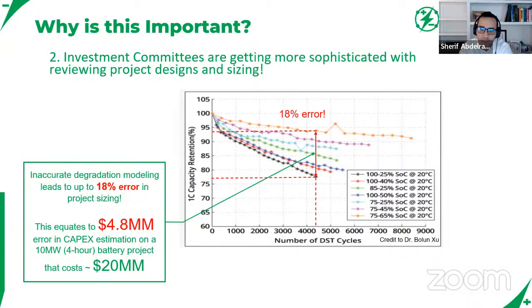So we took the same cell, ran it through different types of cycles that represent different services, and plotted how these cells degrade with the same exact cycles.